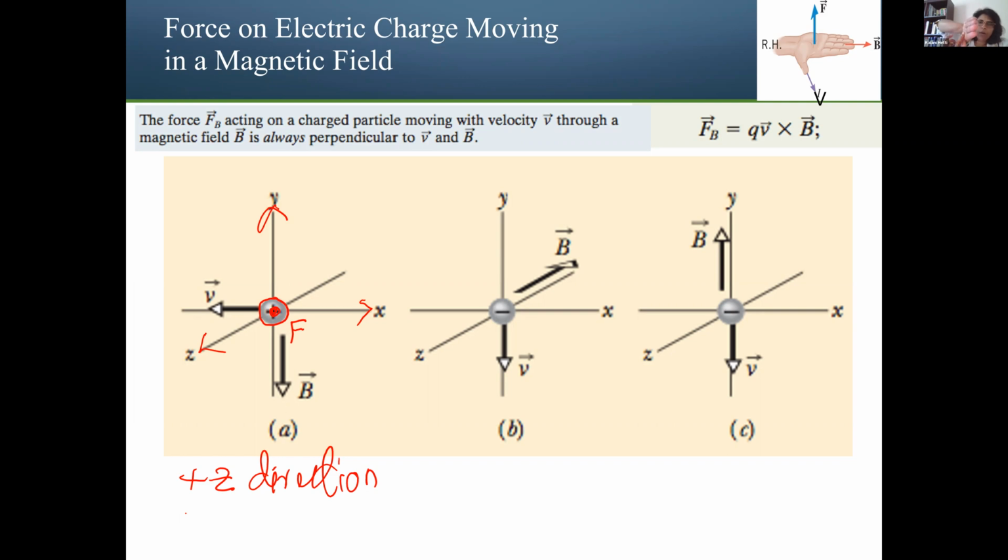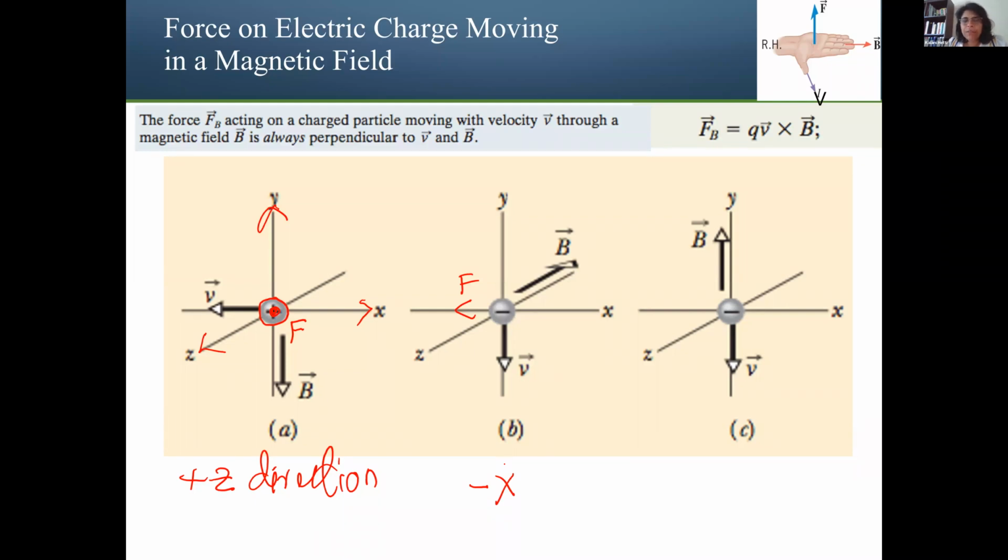So now my palm will be open toward the positive x-axis. This is my positive x-axis, right? Since it is negative, I need to go to the negative x-axis. So the force will be toward the negative x-axis. I'm going to draw it in here. Negative x.